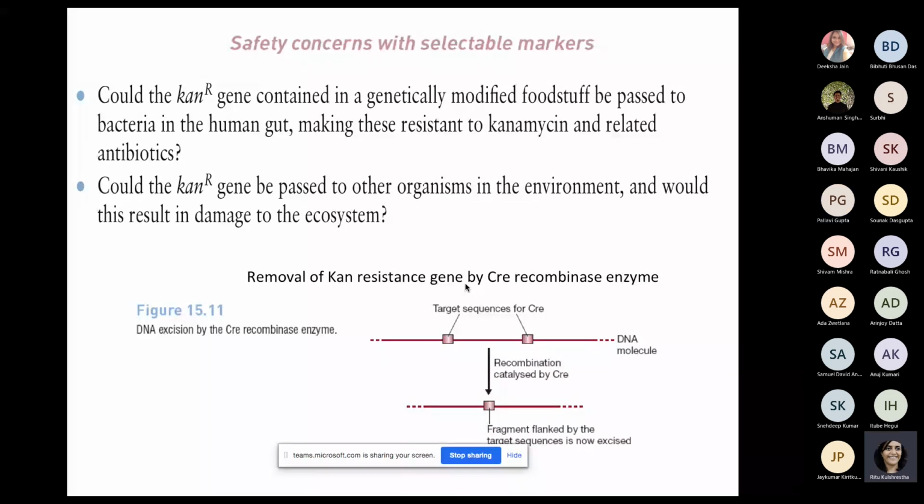A very important point, maybe it completely removes it before only. But for that, you use an inducible promoter, like in the current case that I'll tell you, so that you can control the expression of Cre recombinase. Any other question for this particular thing?